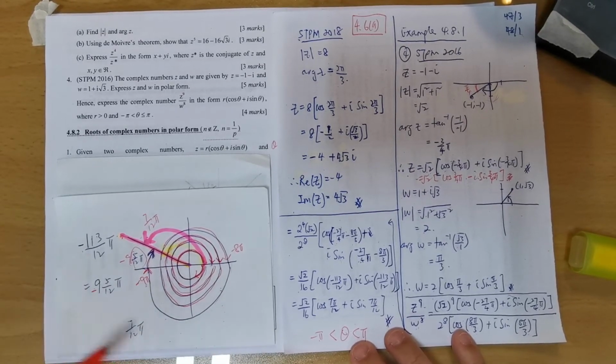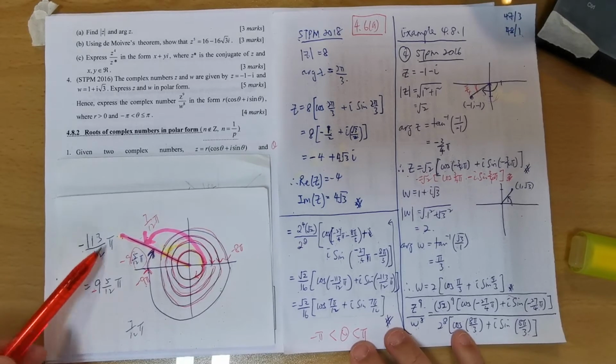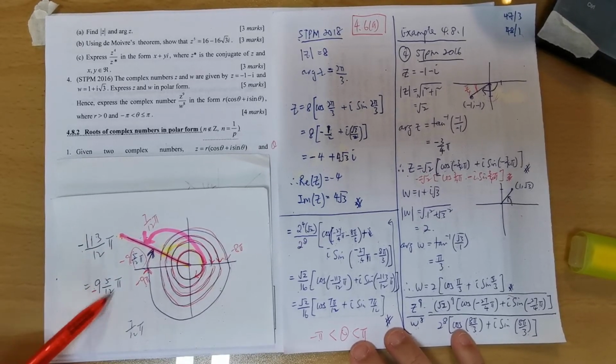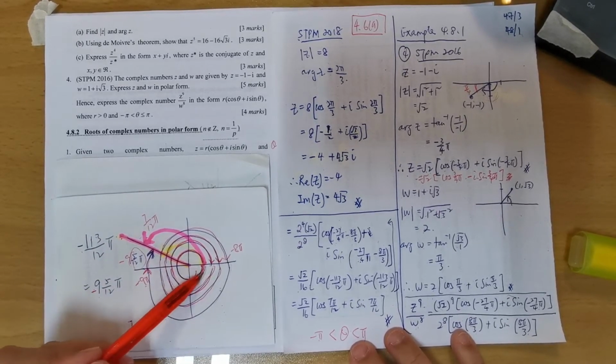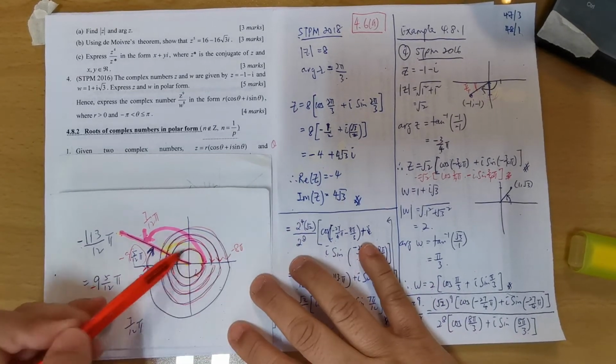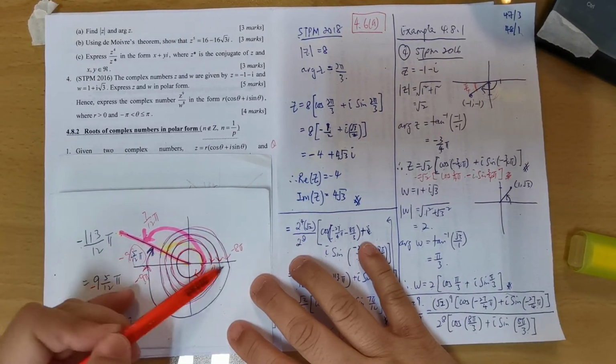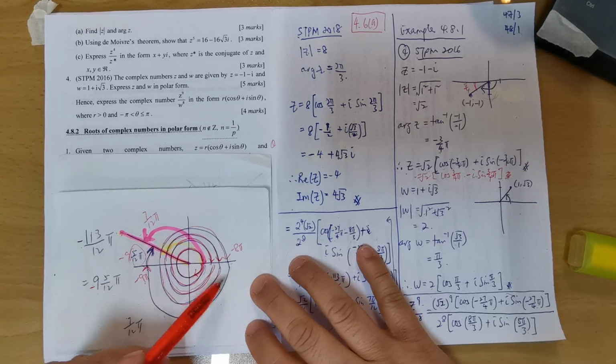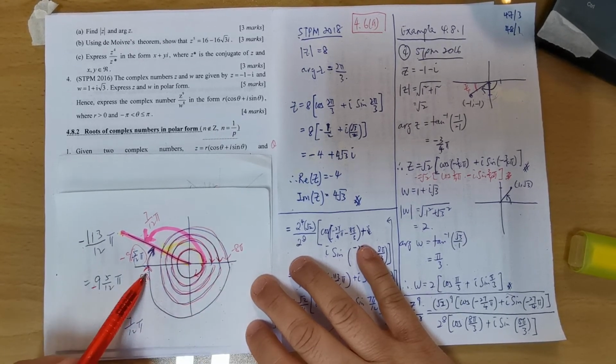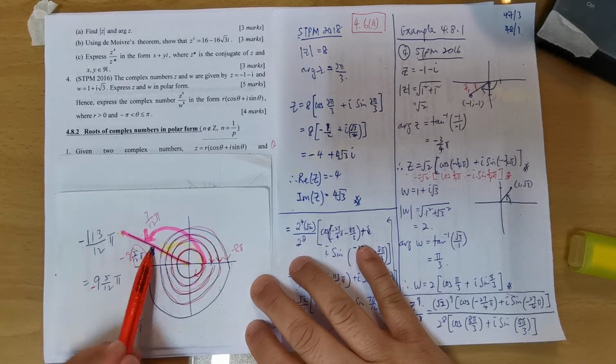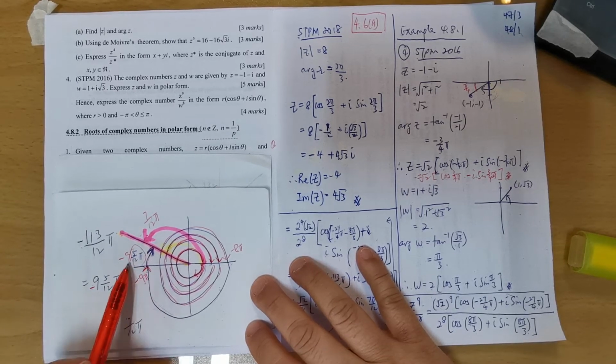So again, negative 113 over 12 pi is actually negative 9 and 5 over 12 pi. So negative 9 pi: start from negative, one round is 2 pi, 4, 6, 8. Negative 8, so add one more, negative 9, and another 5 over 12.